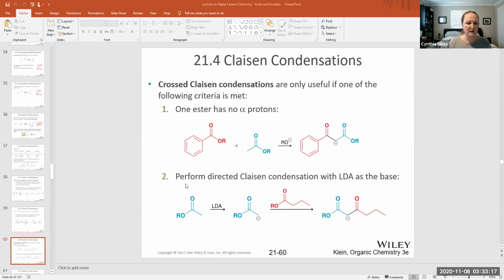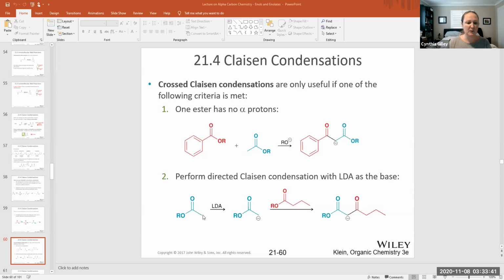So that is a helpful limitation for doing a successful crossed Claisen condensation reaction. The other thing we can do is perform what's called a directed Claisen condensation, where instead of using the matched alkoxide, we can use LDA as the base. So the way this works is very similar to the aldol reaction. We take one of our esters that contains the alpha carbon with hydrogens attached.